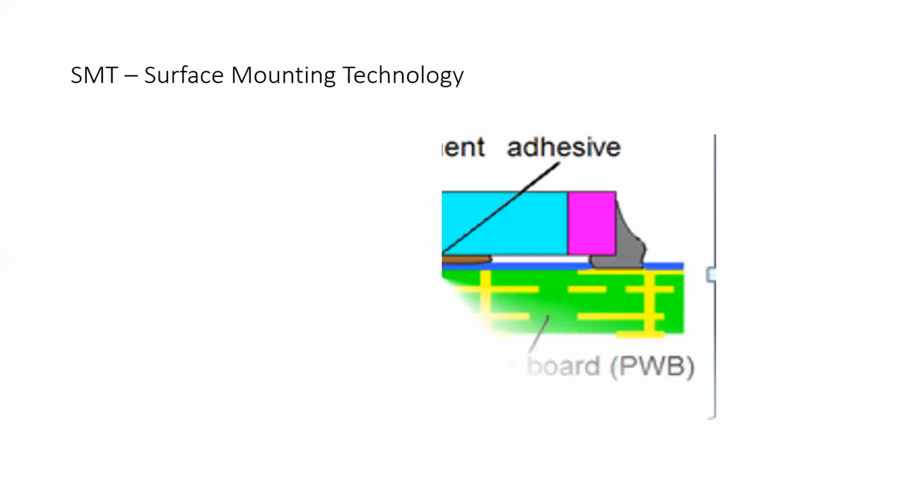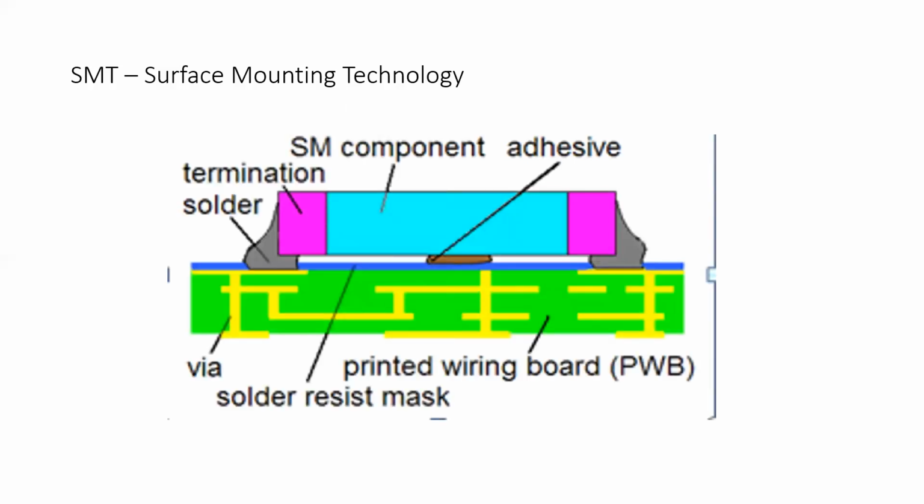Then next one is surface mount technology. See this one is the PCB, printed wiring board, and this is the component laid on that PCB, and it is soldered on the same side. So this is the surface mount component termination.